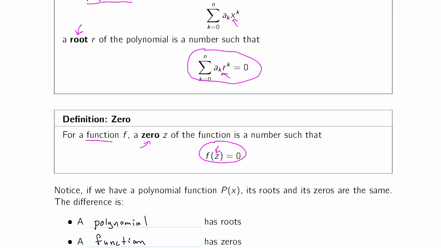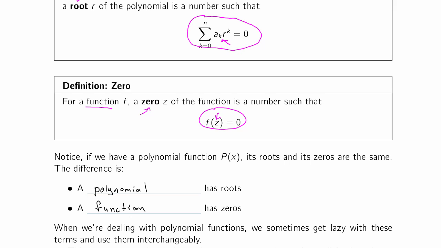Now, I just made a big deal about the distinction between those two terms. In general, if we're dealing with polynomial functions, especially if we're dealing with polynomial functions all day long, as we're going to be in this unit, we sometimes get lazy with these terms and use them interchangeably.